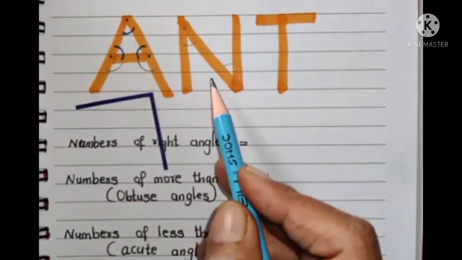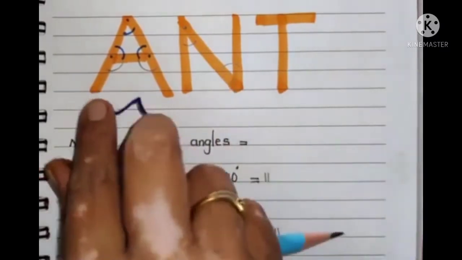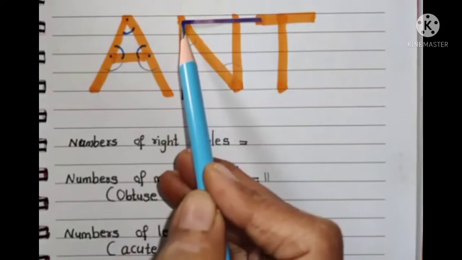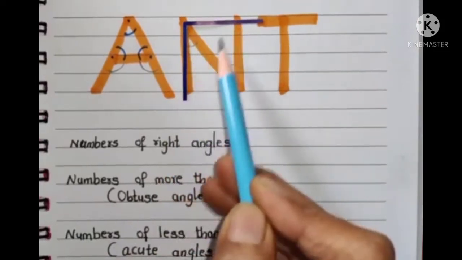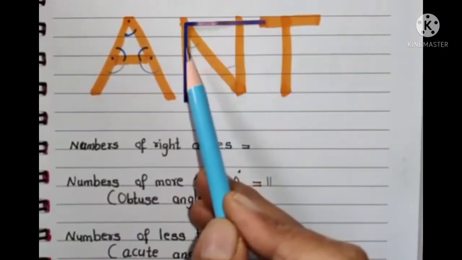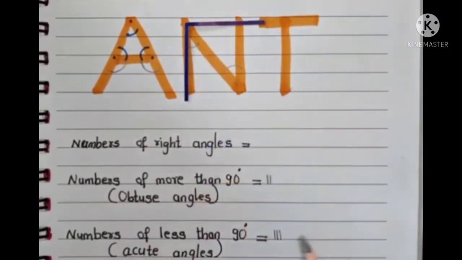Now we come to another letter of the word Ant, that is A. I'm going to keep this vertex here. As you could see, this arm is inside this 90. So this is an acute angle. I'm going to put one line here because it is an acute angle.